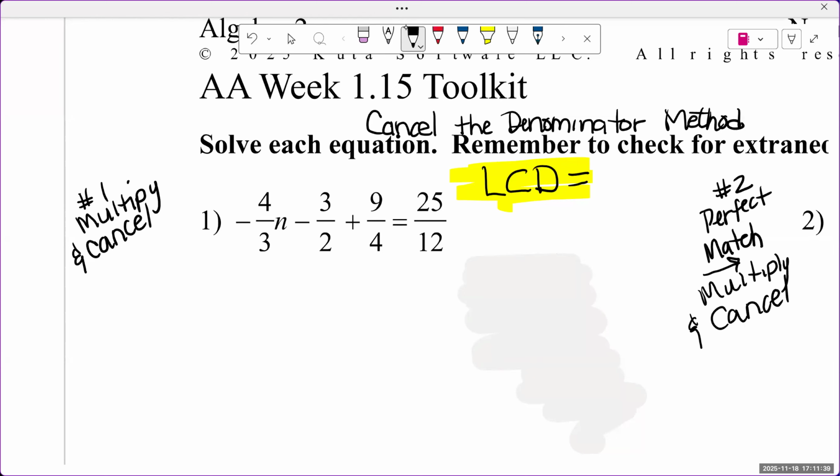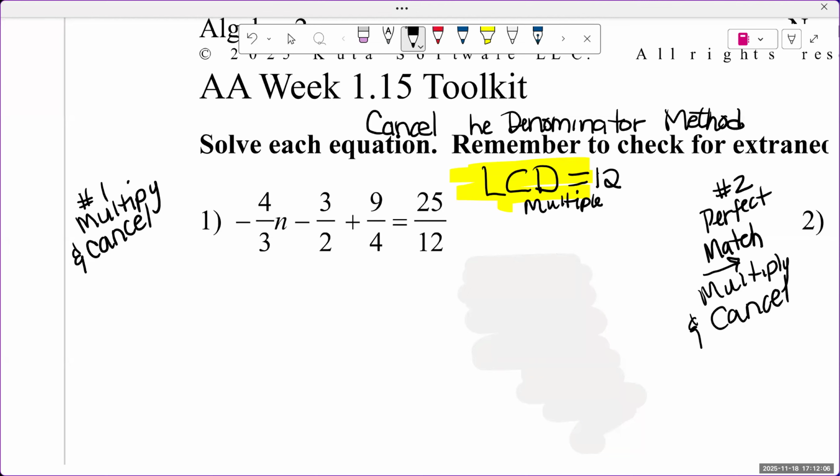So, number one, we need to find the least common denominator. So the least common denominator is 12. It's the least common multiple. It's that number that will cancel all of the denominators. Okay, it is a multiple of all the denominators, and it will cancel the denominators.